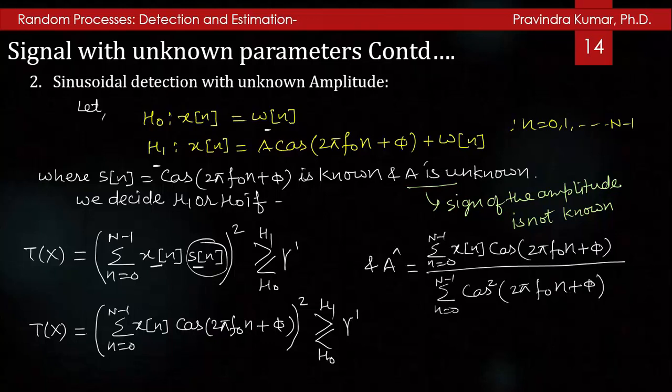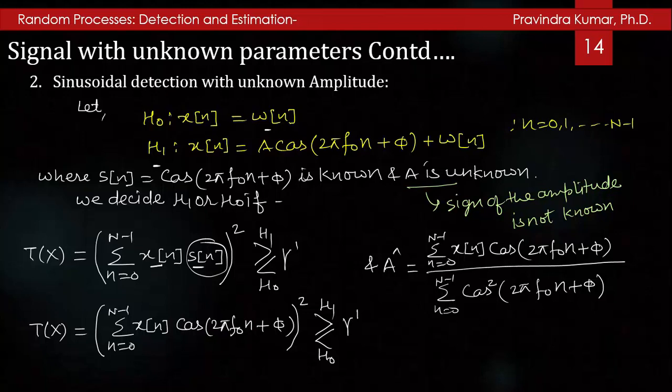And the estimated value of A will be the summation from n equals 0 to N minus 1 of x[n] s[n], where s[n] is cos(2 pi f0 n plus phi), divided by the summation of s square, meaning cos square(2 pi f0 n plus phi).